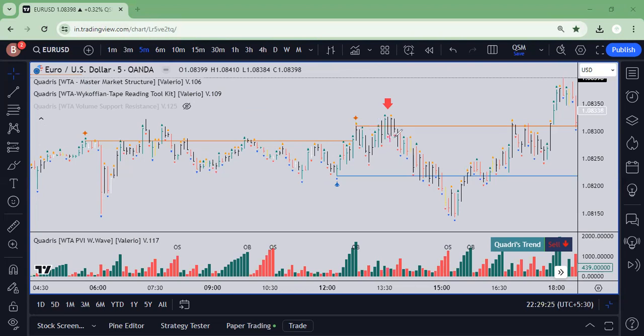So this is an upthrust followed by weak demand, then continuation of price towards the downside. This would be my exit.